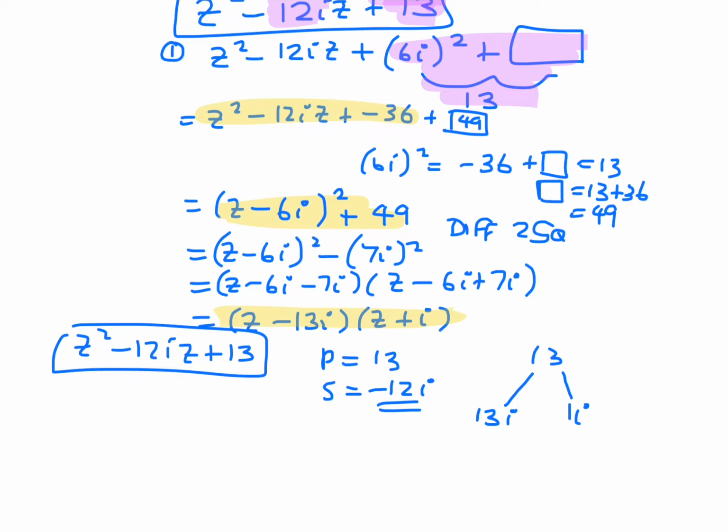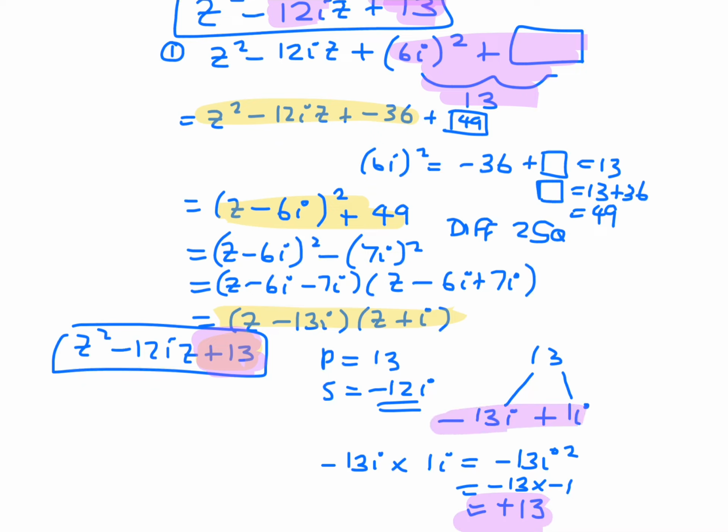You've got to try and make minus 12i. So it's minus 13 plus 1. And minus 13i times 1i will be minus 13i squared, which gives you minus 13 times minus 1, which is plus 13, which matches the 13 in the question, the plus 13.